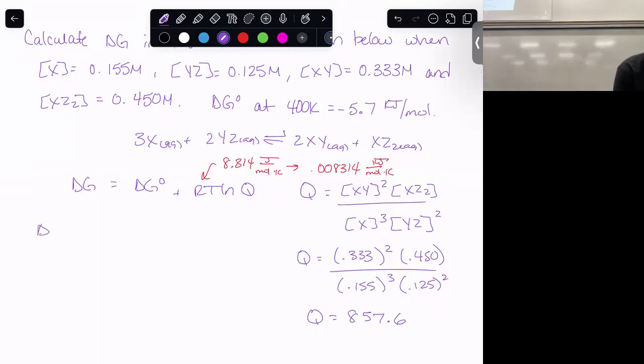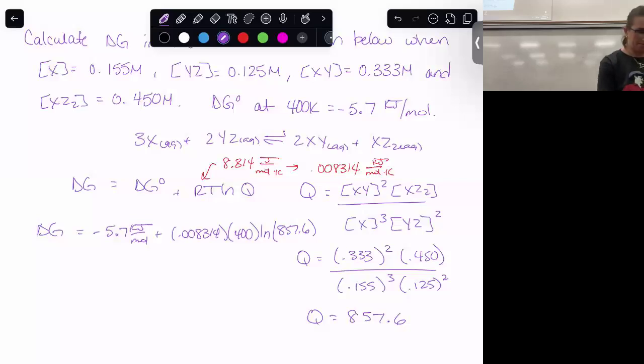So then delta G should be negative 5.7 kilojoules per mole plus this, and the temperature is already where it needs to be, and then ln of 857.6. I got 22.5 kilojoules.